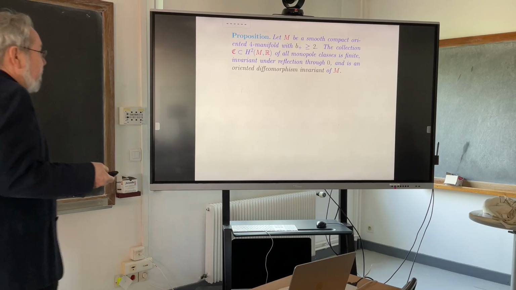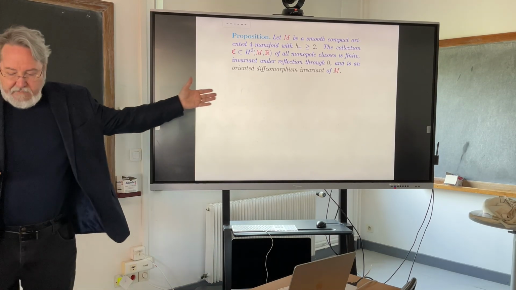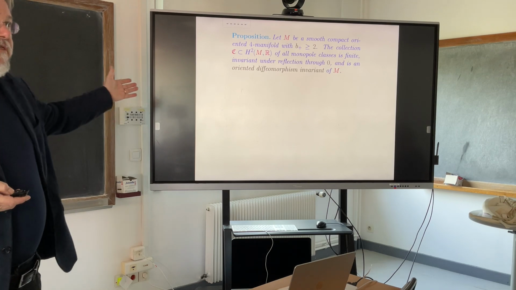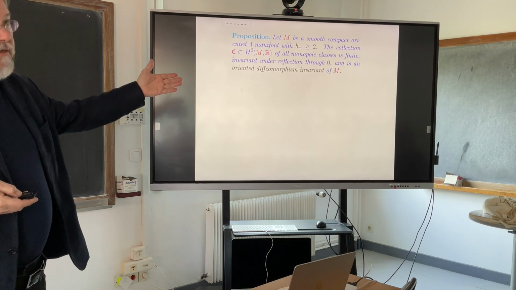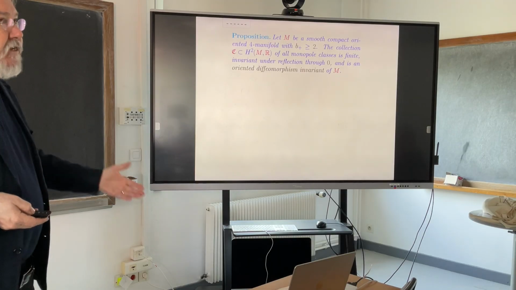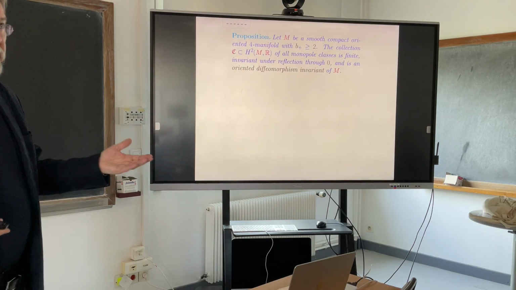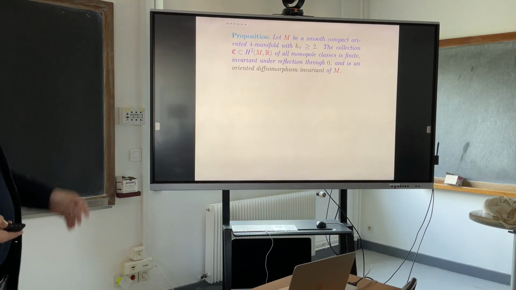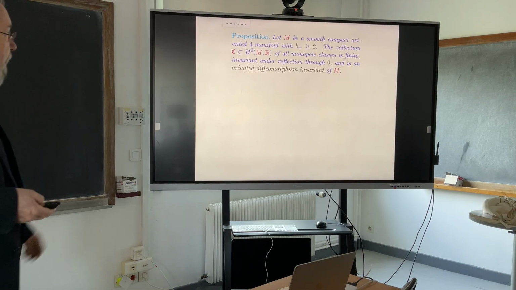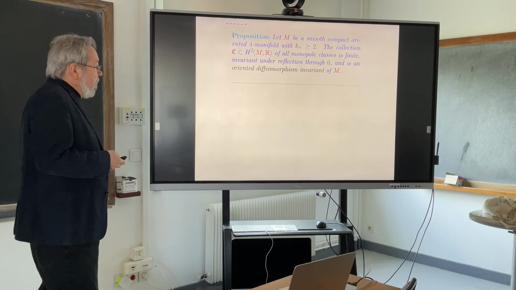And finally, it's almost obvious from the definition that this set is a diffeomorphism invariant of M. So this is a statement about, you have a smooth manifold, you consider all smooth metrics with respect to that smooth structure, and ask that there's a solution of the Seiberg-Witten equations for a particular spin-C structure.